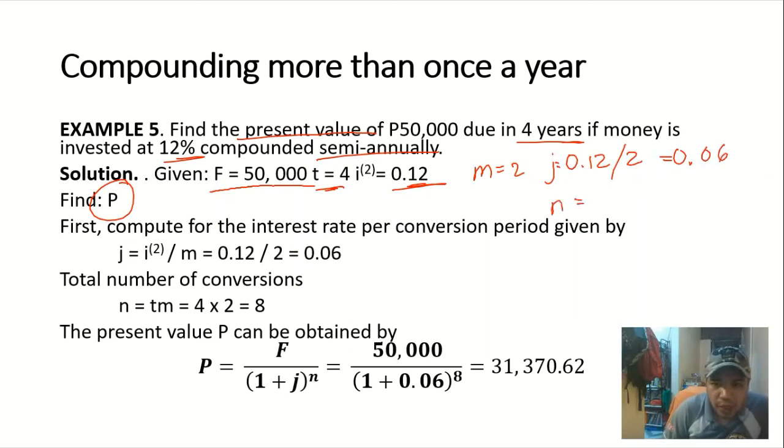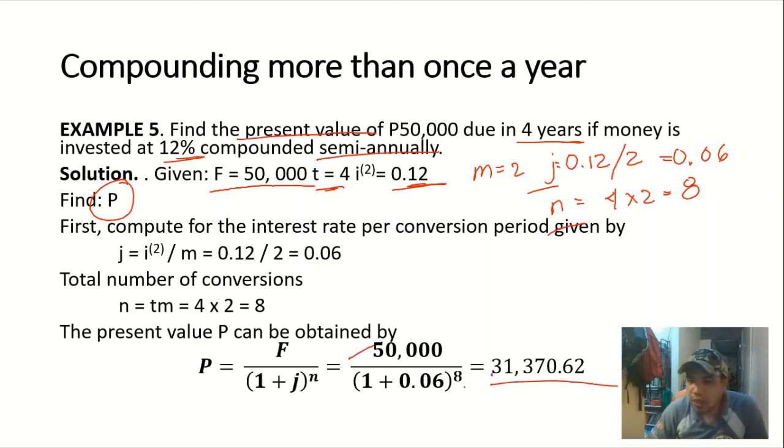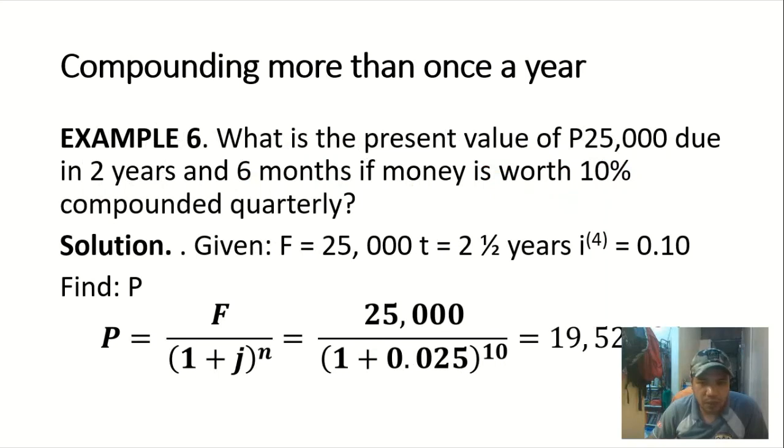N is equals to MT, 4 times 2, that is 8. So, kapag in-apply natin, 50,000 all over 1 plus 0.06 raised to 8 is 31,370.60. And that will be the present value.